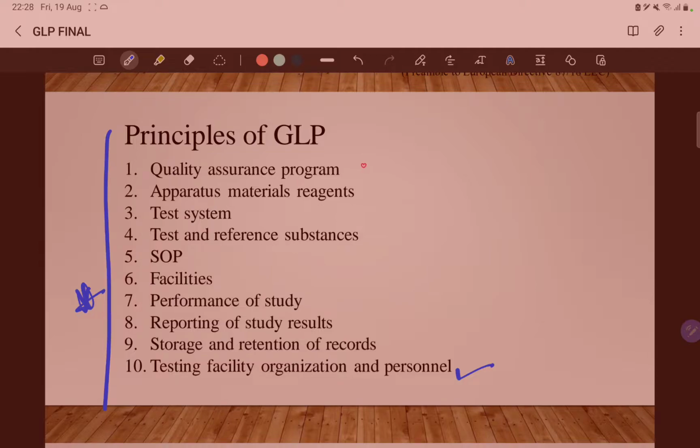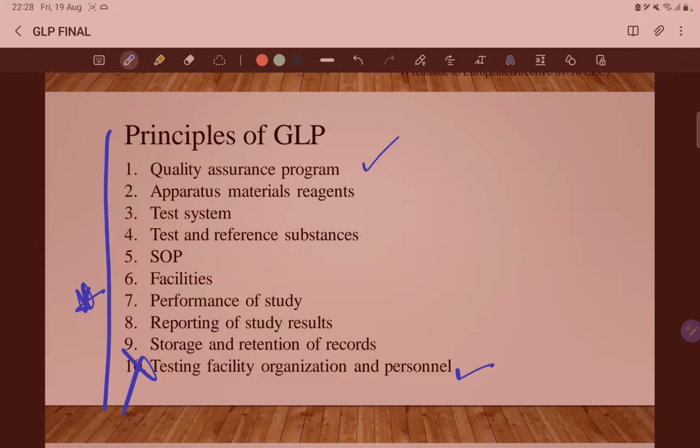Second, we'll see the quality assurance program. This is to assess the updated study plans and SOPs, documented verification of the compliance of the study plan to the GLP principles, and inspections to determine compliance of the study with the GLP principles.